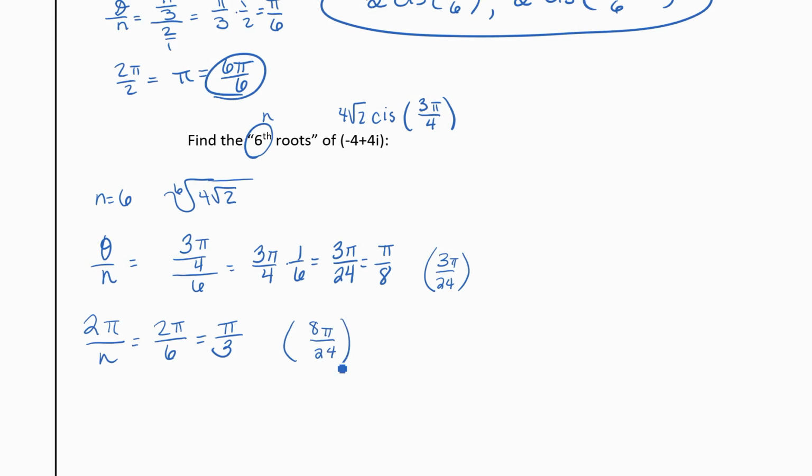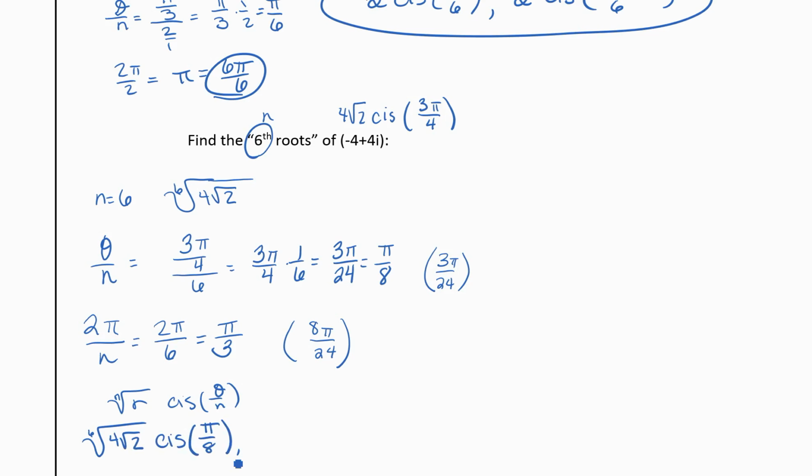Okay, so our first one, remember, the first one is the nth root of r cis of theta over n. So that's our 6th root of 4 square root of 2 cis of pi over 8.